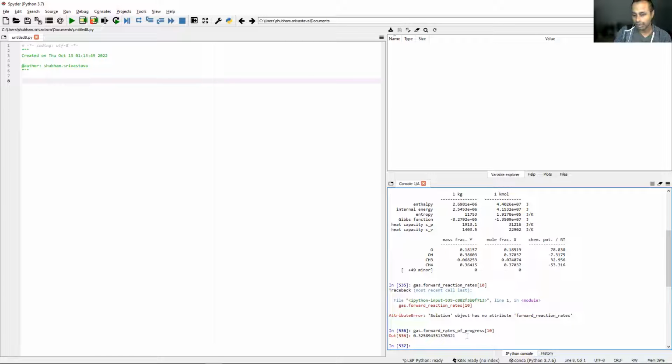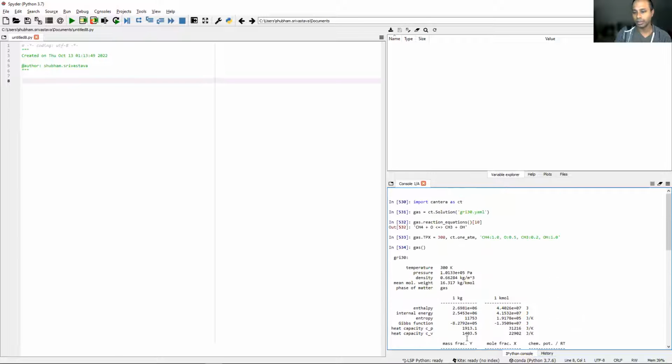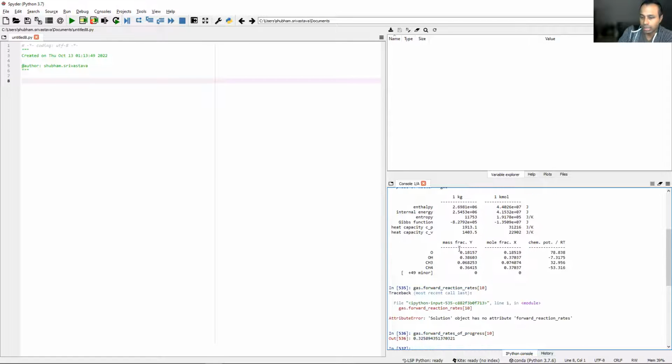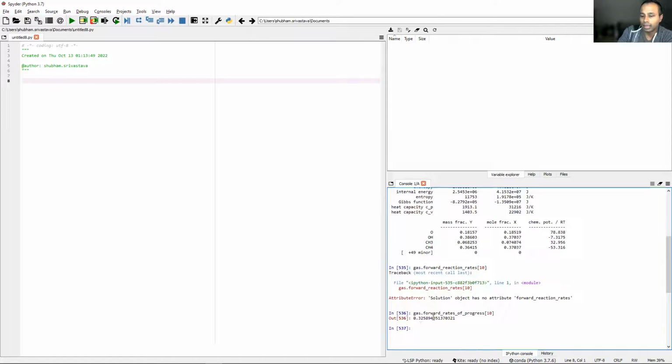And what this says is if we have this reaction, CH4 plus O gives CH3 plus OH, with this particular composition of each of these species, then at 300 Kelvin and 1 atmosphere of pressure, this will be the rate of forward reaction.